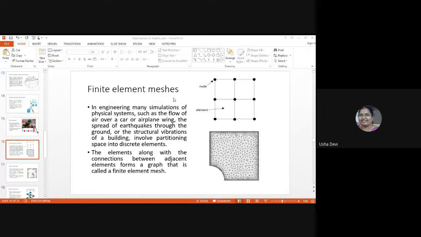Similarly, in case of finite elements, we have so many elements, and all those are connected in mesh fashion. Therefore, you can easily transfer from one finite element to another.